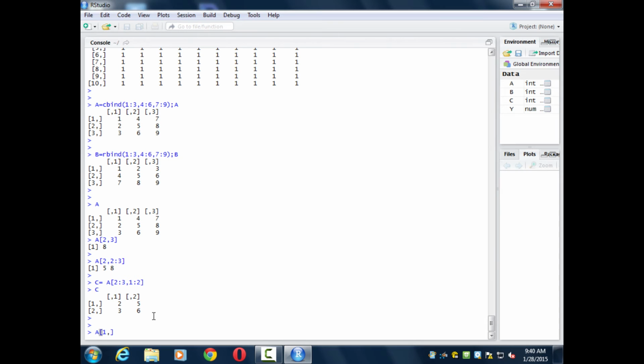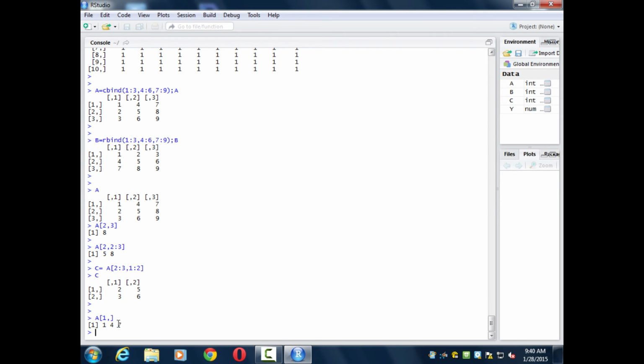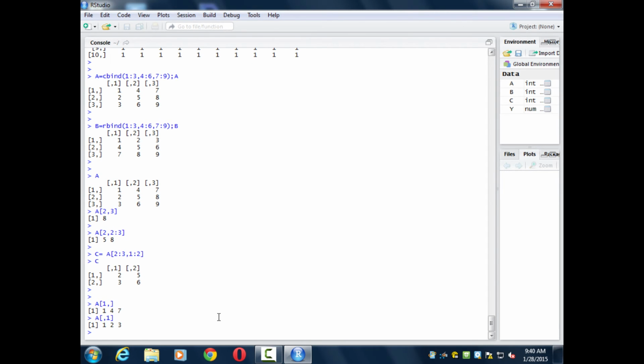So if we type A square brackets 1 comma blank, that means row 1 and all the entries. Okay, and if instead we say blank comma 1, that means all rows, column 1. This is a way of accessing an entire row or an entire column.